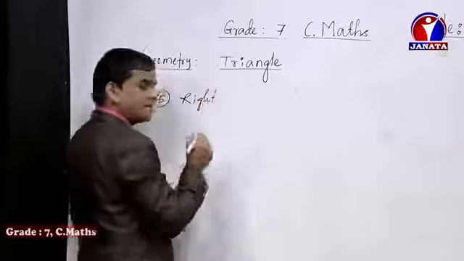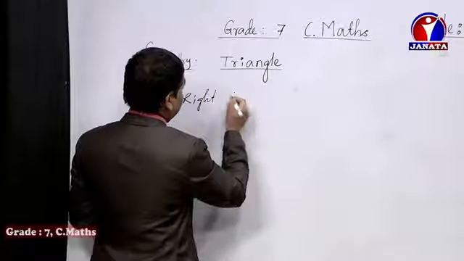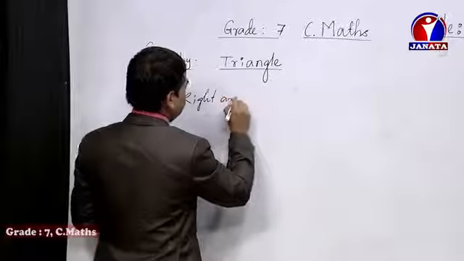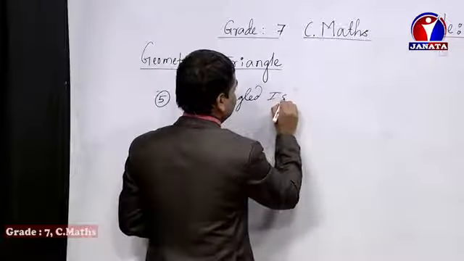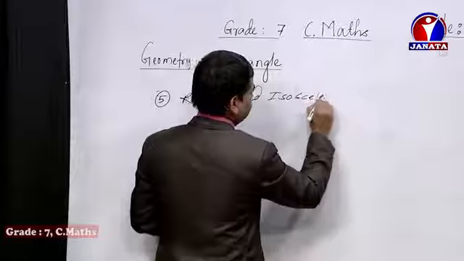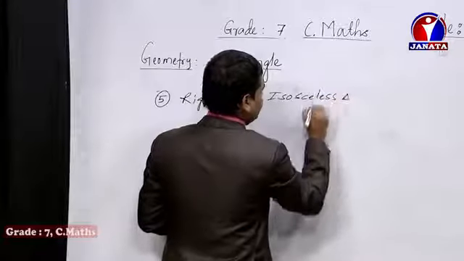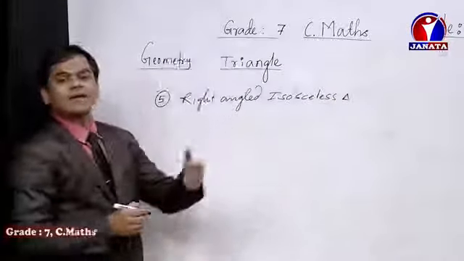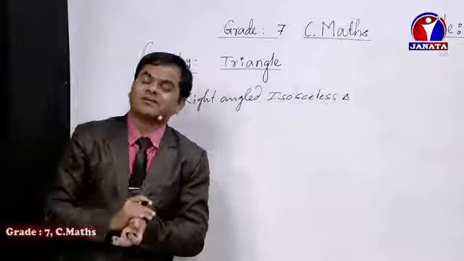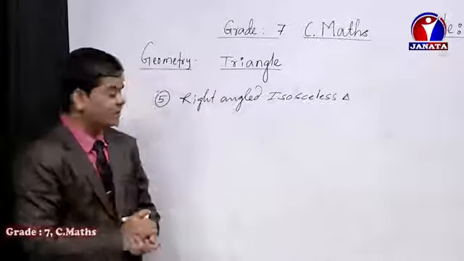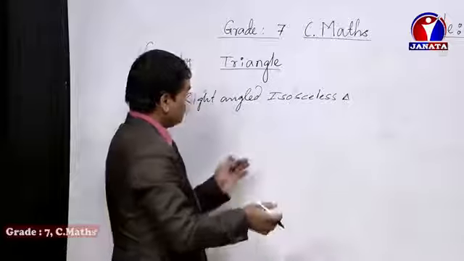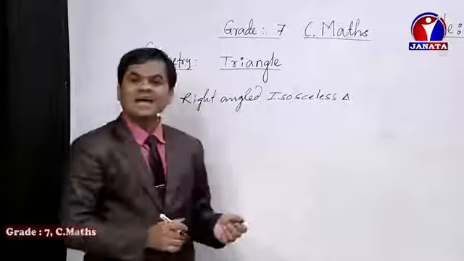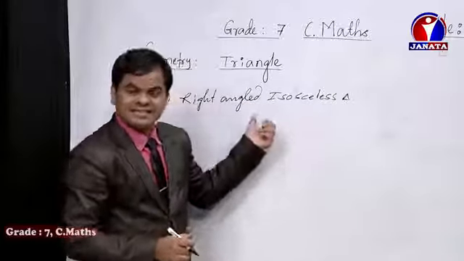The property of right angle triangle also will be there, plus the properties of isosceles triangle. So in this way a right angle isosceles triangle is formed when the right angle triangle and isosceles triangle are combined together. That means both triangles' properties can be seen in this type of triangle.